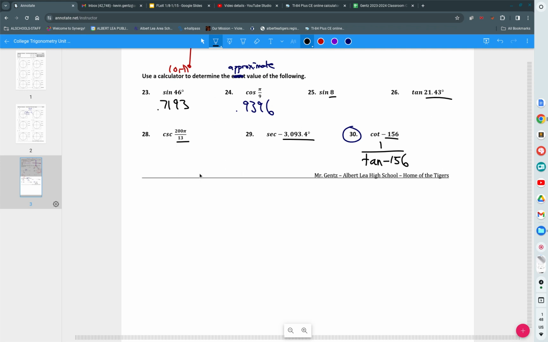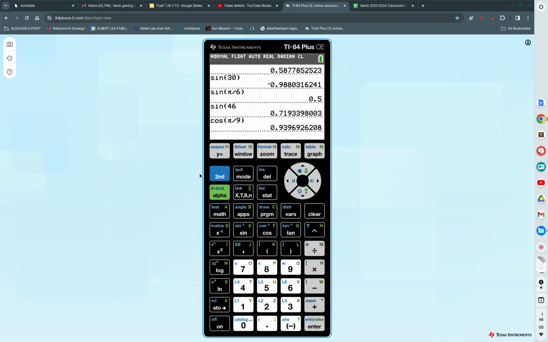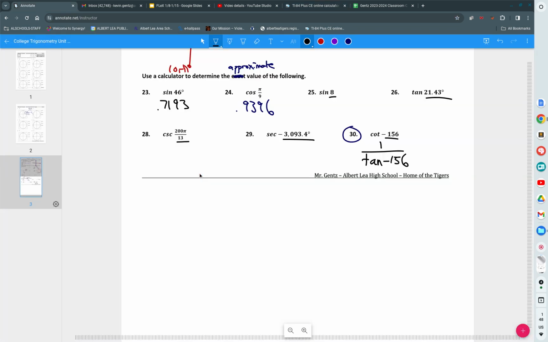So anytime you get secant, cosecant, cotangent, you have to do 1 divided by. So grab that 1 divided by the tangent of negative 156 radians, and I get 0.5348. Do you not want us to round that? It doesn't matter. Okay.